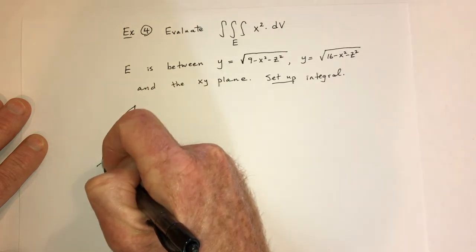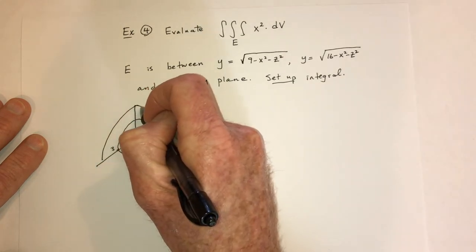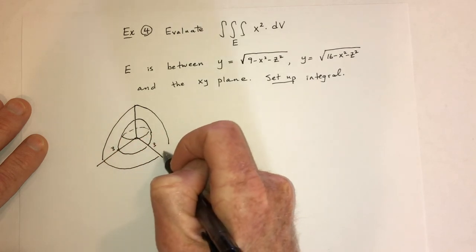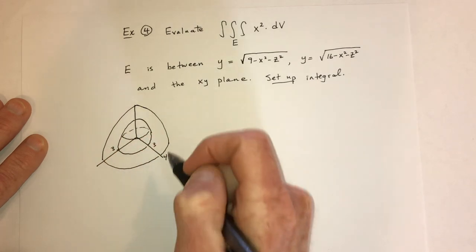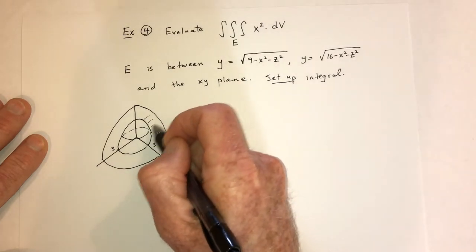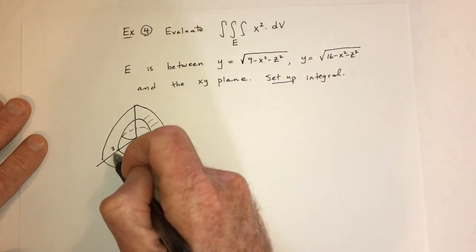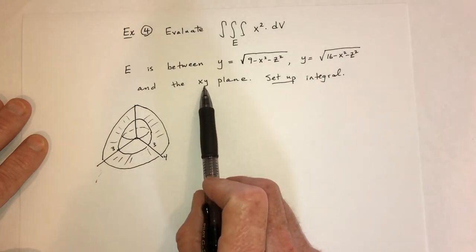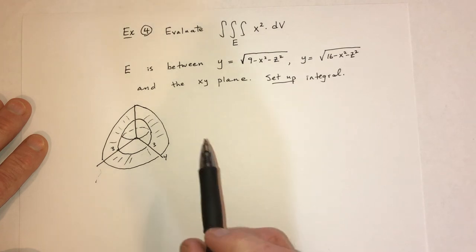And then you've got this sphere that's got a radius of 4. And then we're talking about in between these two. And then it's only the top half because of the xy plane. And then set up the integral.